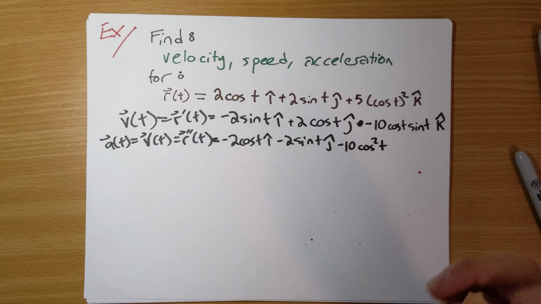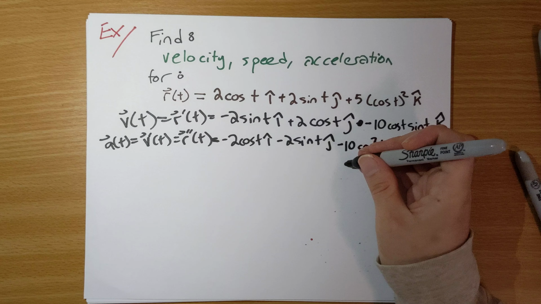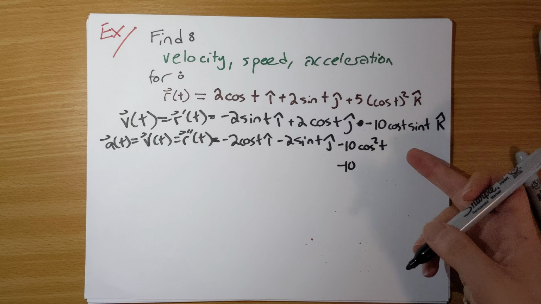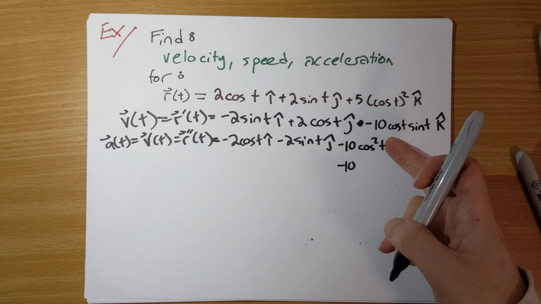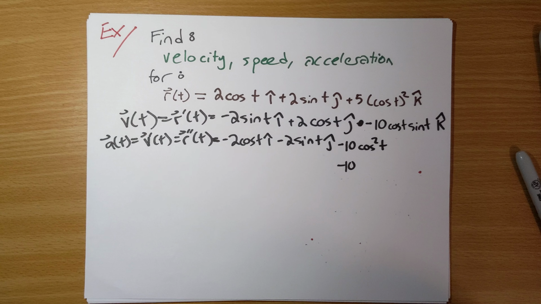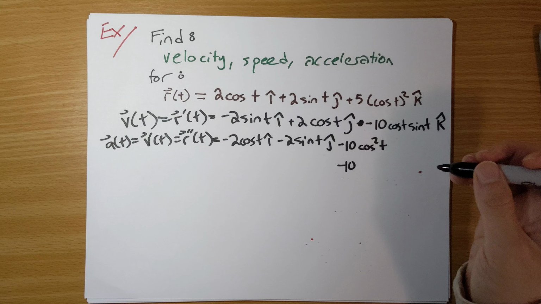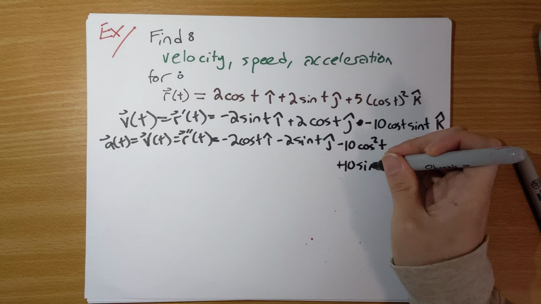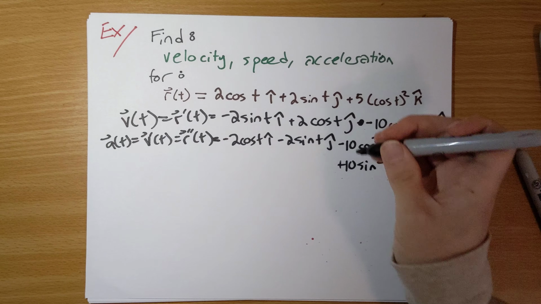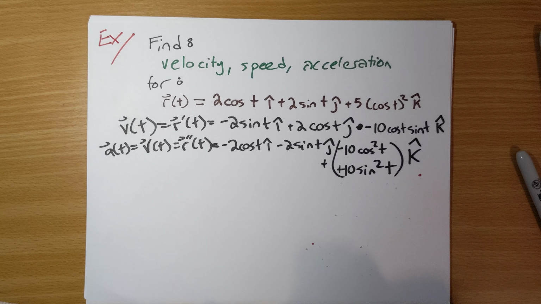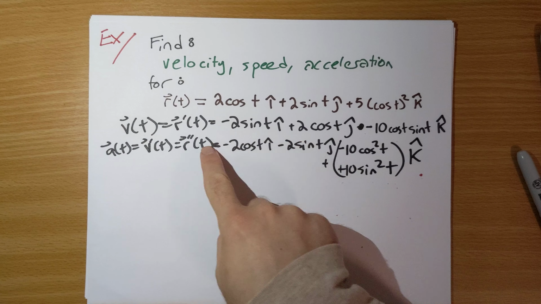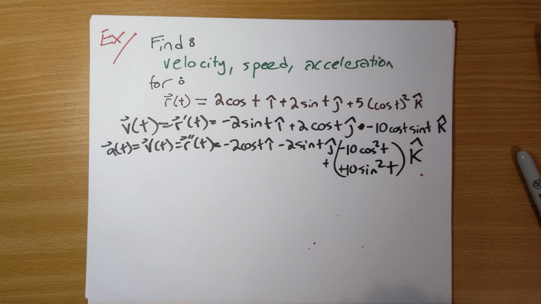And then we'd have negative 10 times sine t times the derivative of cosine t, which is negative sine t. All of that there times k hat. Okay, so we have velocity, we have acceleration.